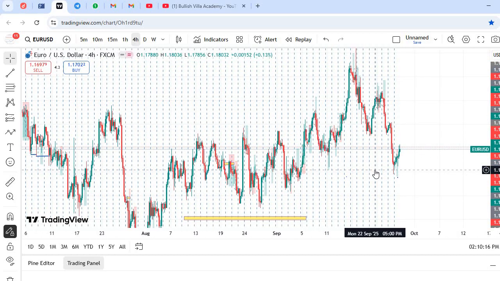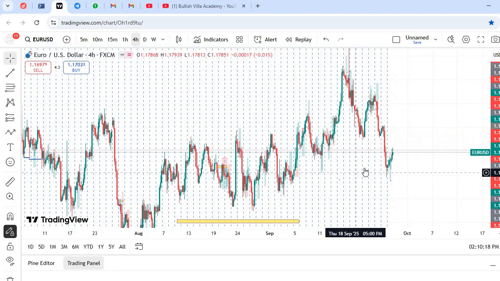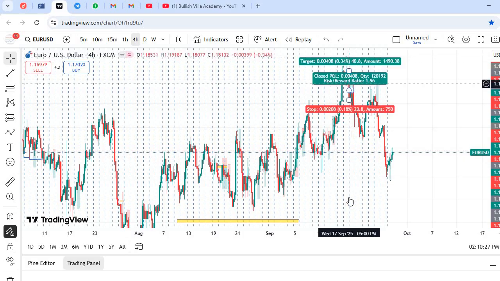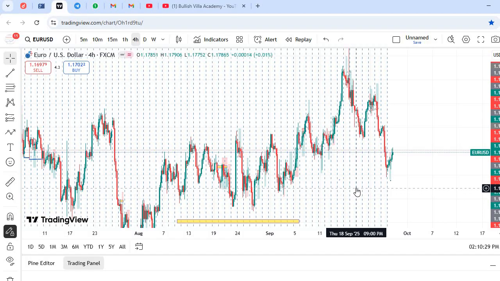Alright, so now like we all know, when it's time to analyze the markets, you're expected to start from the higher time frame, then you come down to the lower time frame, and that is what is called top-down analysis. Top-down analysis means that you start from the higher time frame, and the reason why you're starting from the higher time frame is that you want to have an overview of the market.